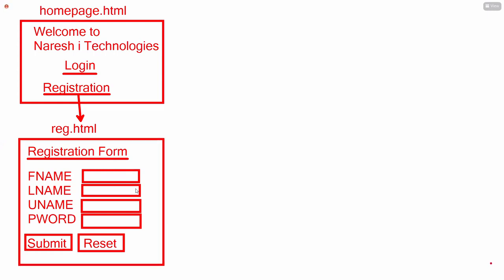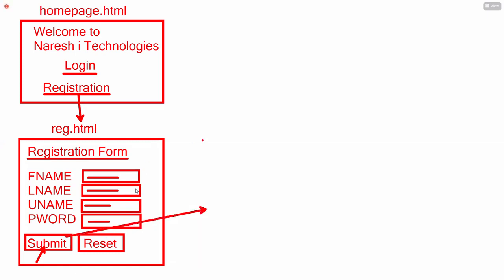Now the new user will click on the registration hyperlink. Then the registration form appears. You enter first name, last name, username, password, and other details also. Later you click on the submit button. Whenever you click on submit, another program opens.